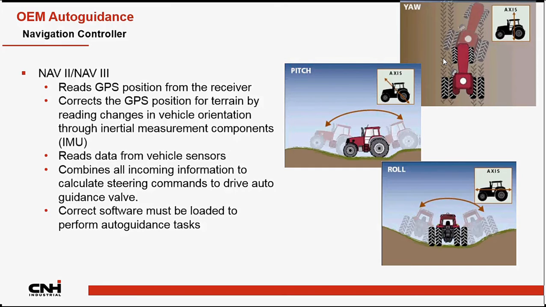It also reads data from vehicle sensors, and it combines all the information and it calculates the steering commands. Again, you need to have your correct software on it, and these are going to have to be calibrated for where they're mounted in the tractor. It will change the measuring components in there if it's mounted differently, so you always have to calibrate it.